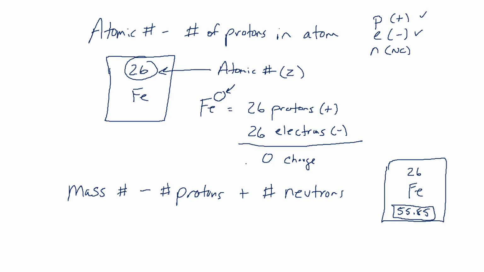A lot of people will look at the periodic table and say, that's the mass number. And you will get a big X probably on your paper if you do that. That is not the mass number. That is the atomic mass, which is slightly different than the mass number.